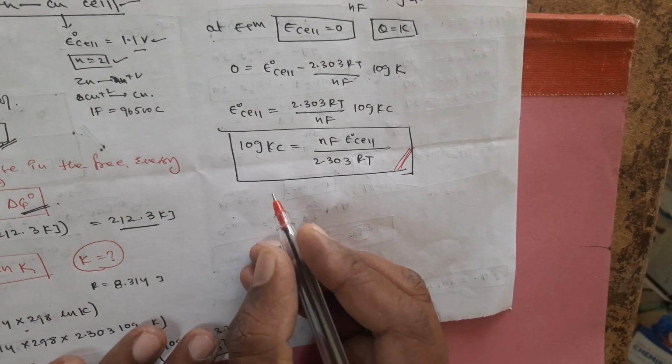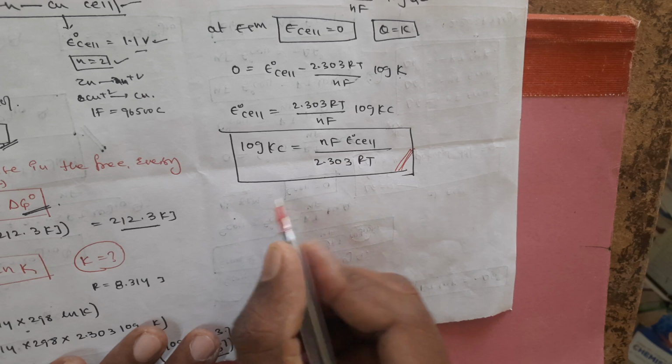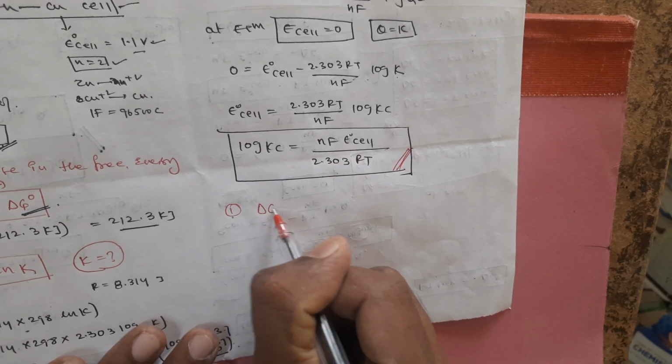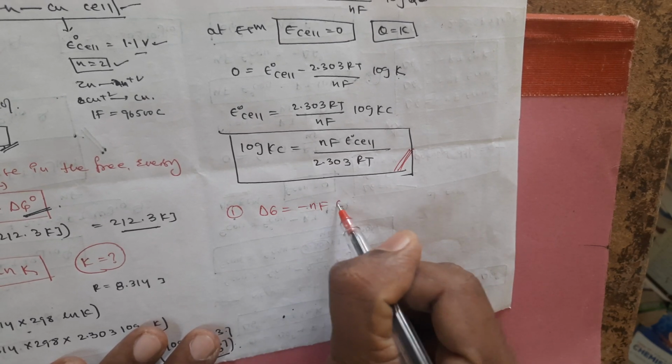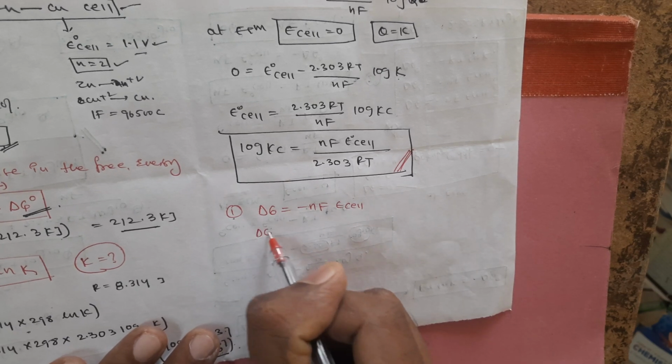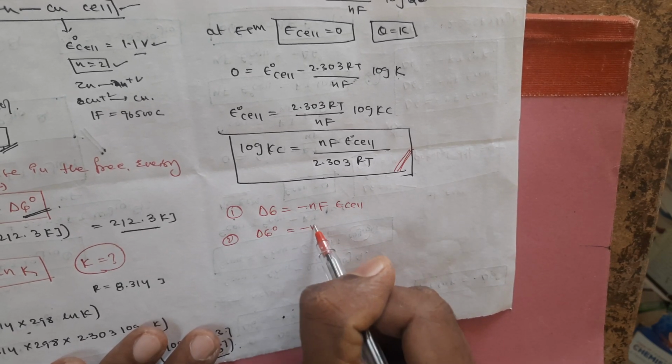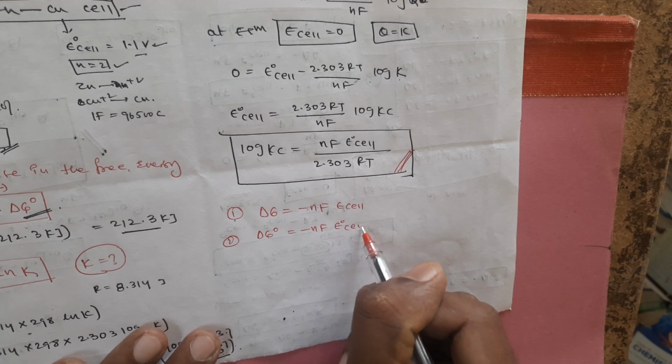From the derivation of the Nernst equation from thermochemistry, remember the first formula: delta G is equal to minus NF E cell. The second formula: delta G naught is equal to minus NF E naught cell.